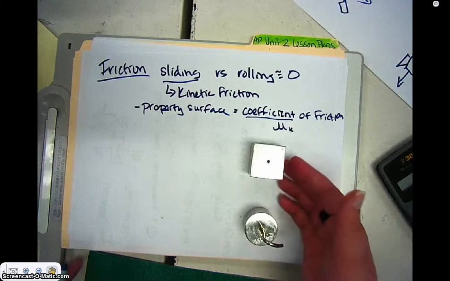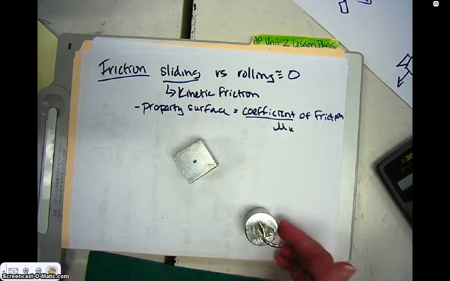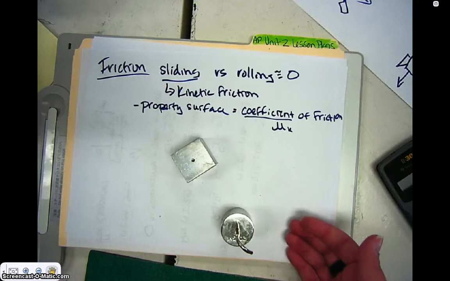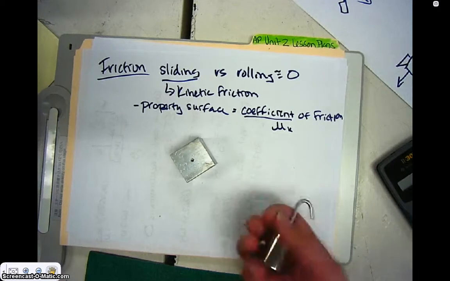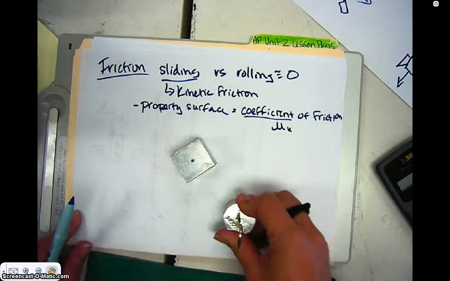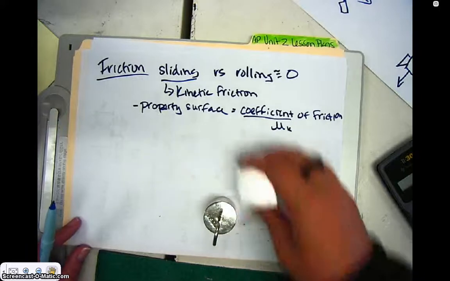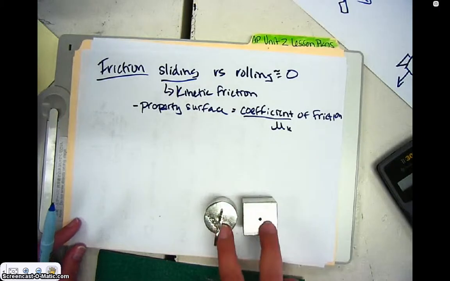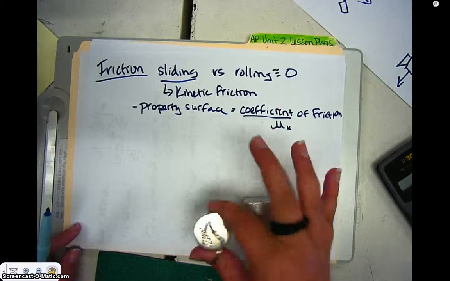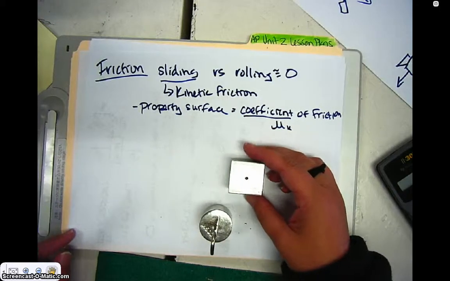If I apply the same force and push, you can see there is a difference in the amount of friction. The reason is this thing is heavier. It's pushing into the surface more, so it's harder for it to slide. So there has to be something about the contact between the two surfaces that affects the friction.